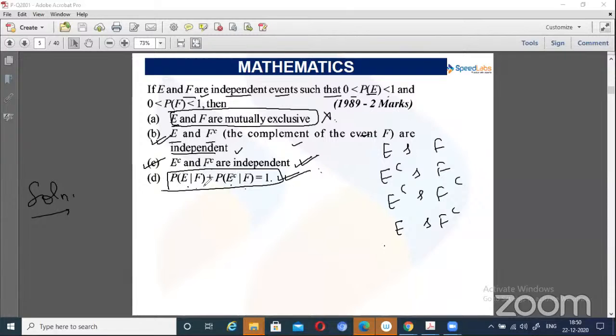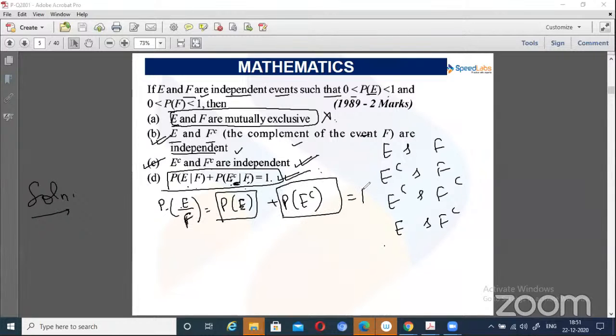Why? Because E and F are independent events, and if E and F are independent, then P of E given F is the same as P of E. It means whether F happens or not, the probability of E happening will remain the same, because they are independent. Same is true for this also. Whether F happens or not, the probability of E not happening will be the same. And if we add the probability of any event happening plus not happening, it will always come to 1, because the event will either happen or not happen. So D is also correct. Any doubts?